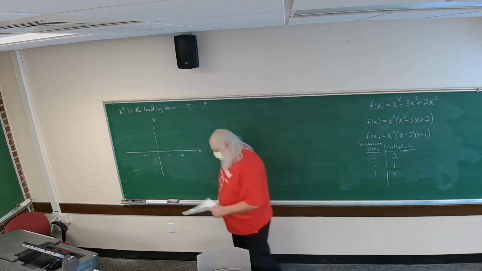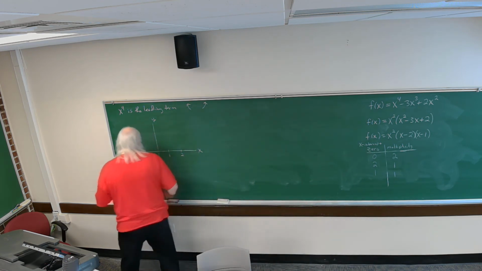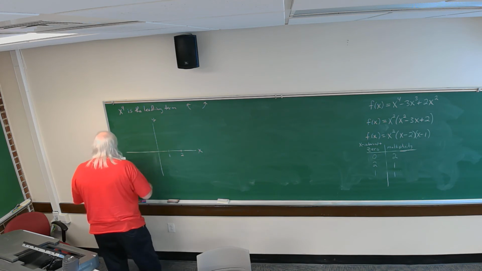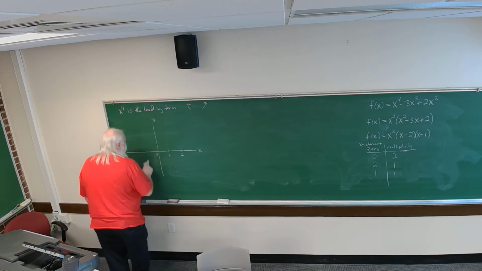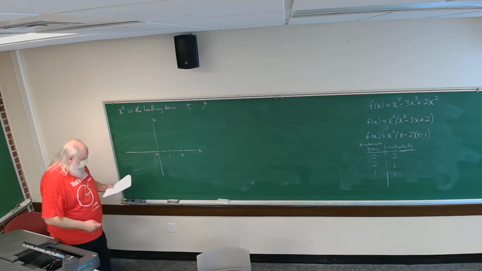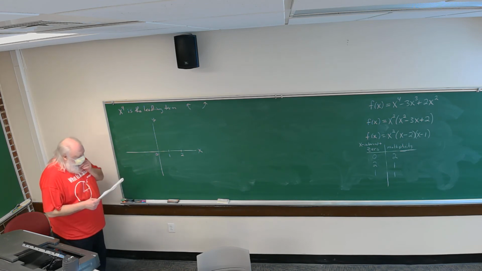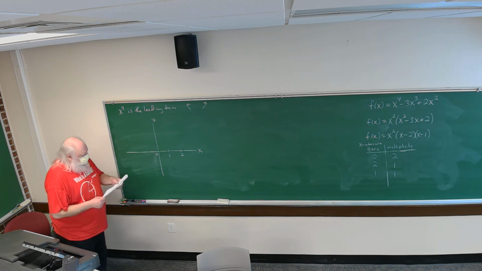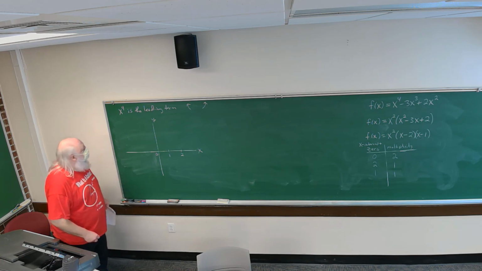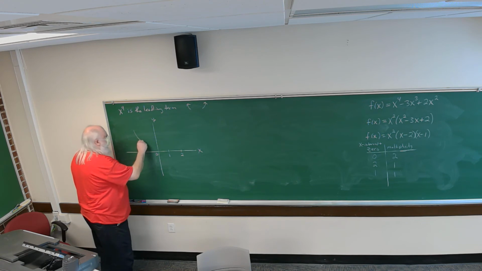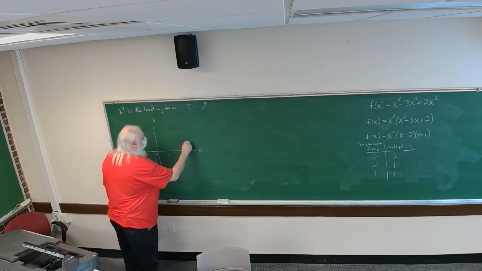The y-intercept. I didn't mean to put minus 1, I meant to put 0, right? 0, 1, and 2. So the graph goes up on both ends.